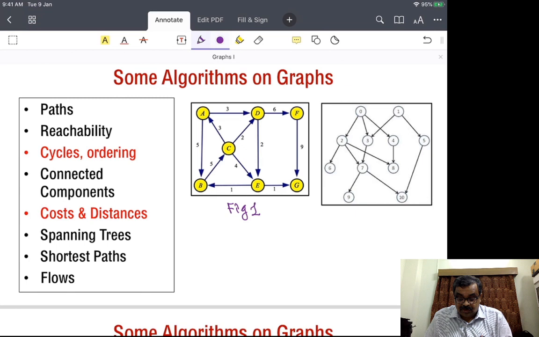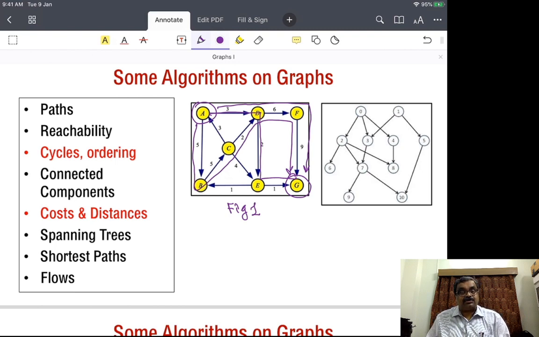We may want to know the shortest cost path from A to G. There are several paths from A to G. This is one path, A to D to G. There is another path from A to D to F to G. There is a third path from A to B to C to D to F to G, and so on and so forth. Our interest would be to find the shortest cost path.